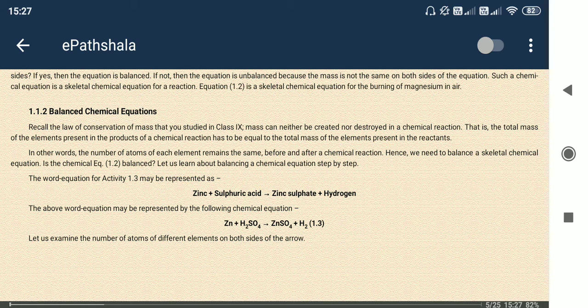On the right side it is zinc sulfate plus H2. Zinc sulfate has zinc, sulfur and oxygen. We can see that on the left side there is only one zinc atom and the right side also has one zinc atom. On the left side hydrogen atoms are 2 and the right side is also the same.